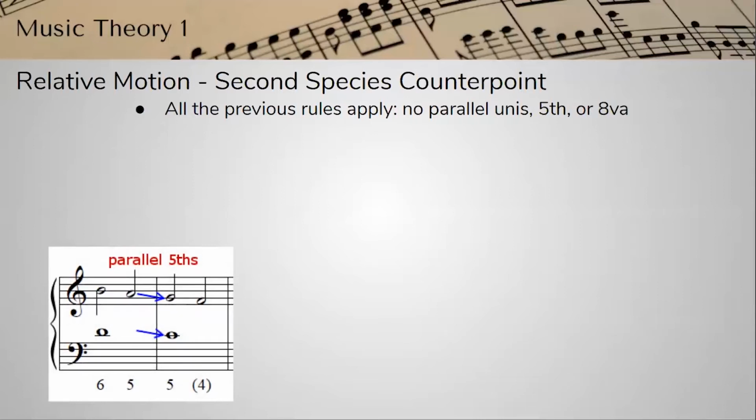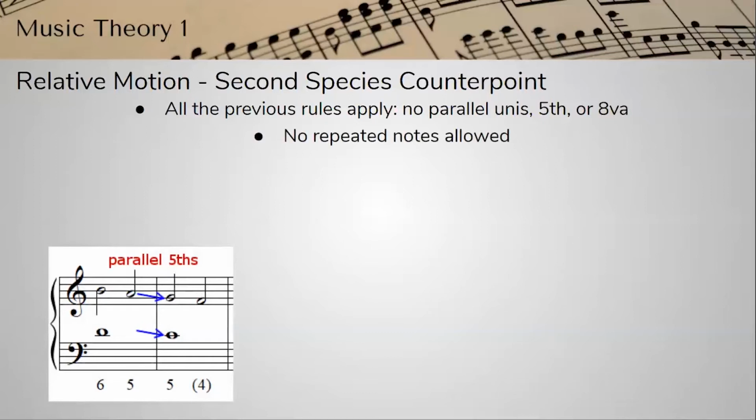You have a sixth between the D and the B, moving to a fifth, and then both those voices, since the D is sustained throughout the measure, the D and the A are sounded together, and they both move down to the C and the G, which creates parallel fifths. So you cannot do that in second species. That is parallel fifths, a forbidden thing, a mistake in second species counterpoint.